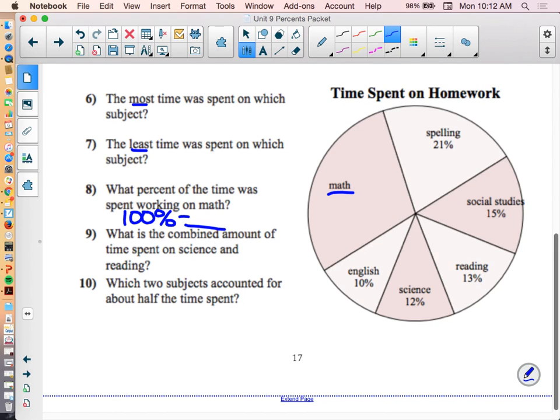When you subtract all the rest, then you'll figure out that answer. What is the combined amount? Think about the word combined. This and this. So again, I think you should be thinking about plus or adding. And which 2 subjects account for about half again.